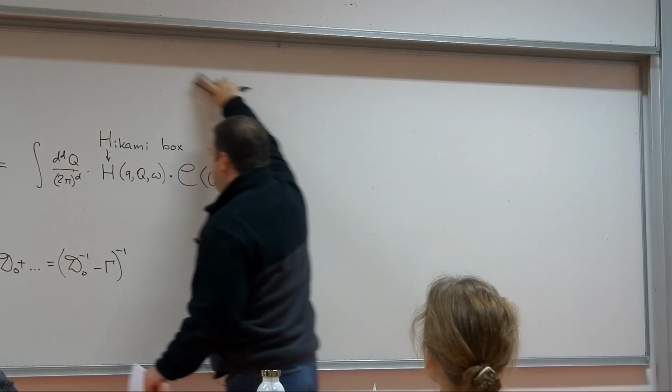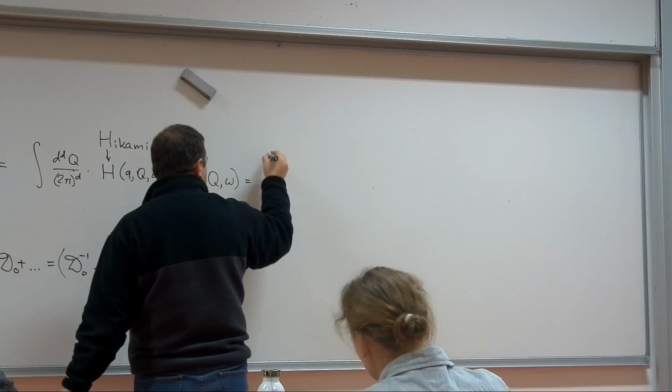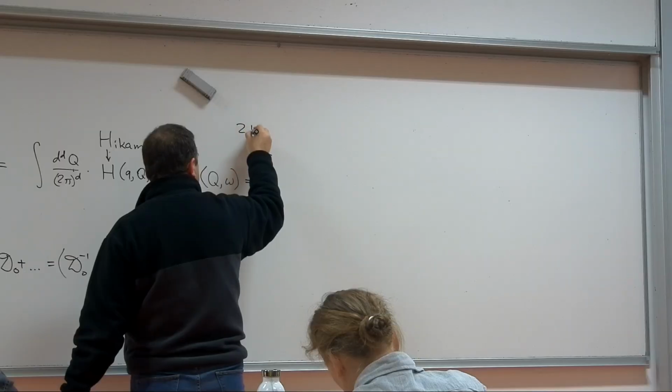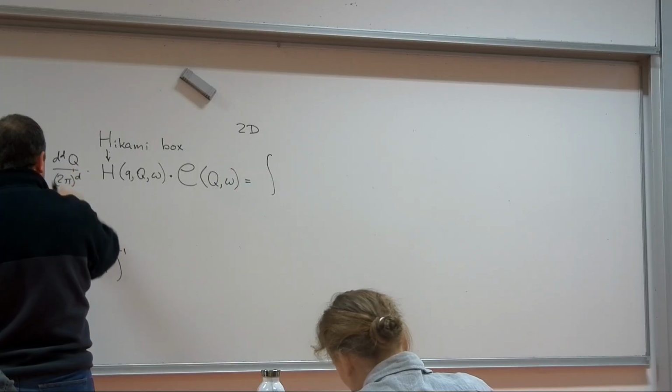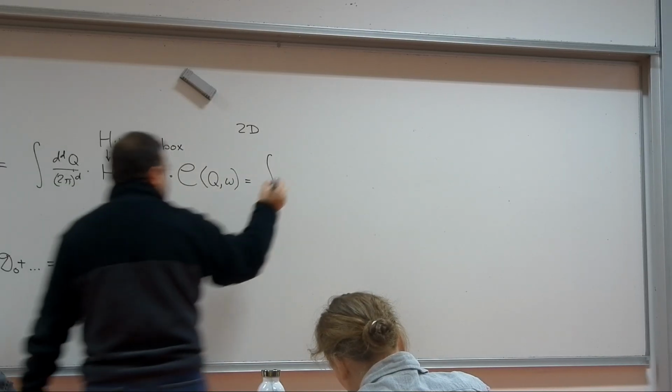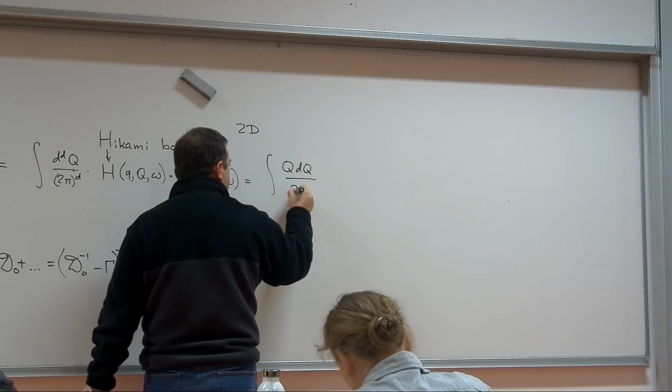Okay, so we have an integral. Now let's do it in 2 dimensions, as usual. So this capital Q is 2-dimensional, which means Q dq over 2 pi.